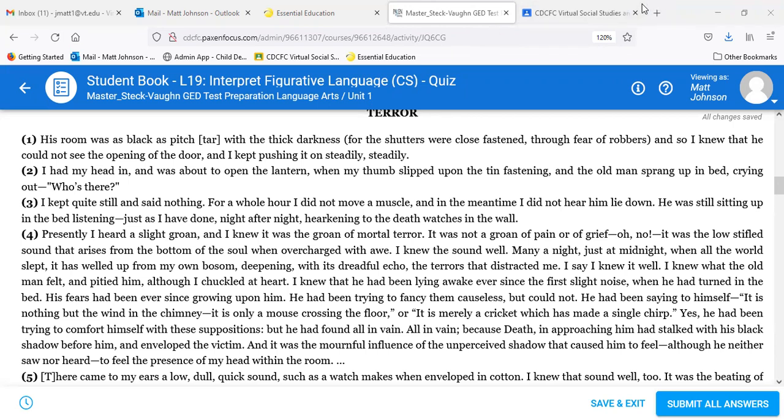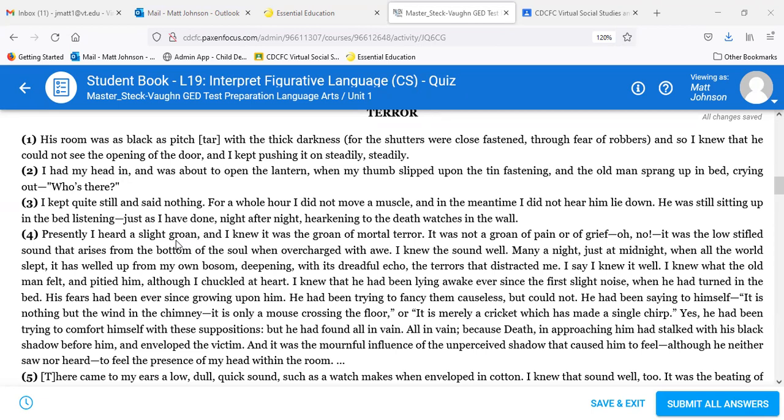I say I knew it well. I knew what the old man felt and pitied him, although I chuckled at heart. I knew that he had been lying awake ever since the first slight noise, when he had turned in the bed.